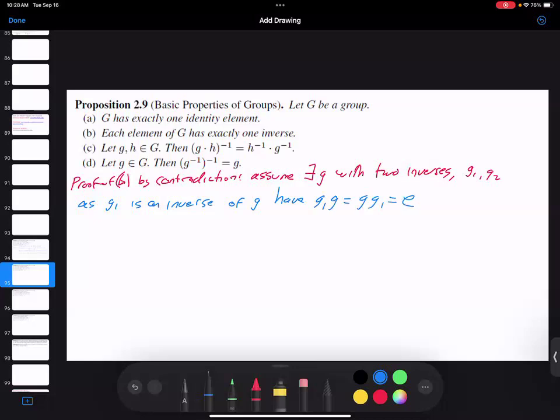G1G equals the identity E. And as G2 is an inverse of G, we have G2G equals E. Okay. Any questions on what we have so far? So we're just writing out what do we have, and we need to try to get to a contradiction.